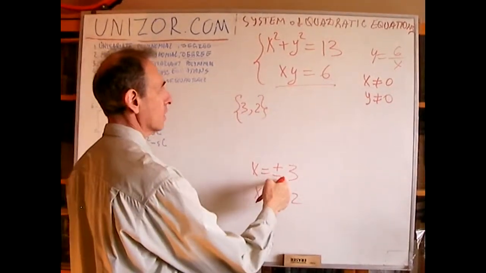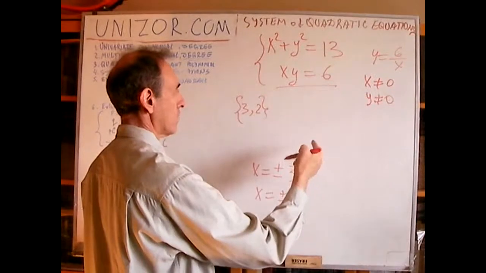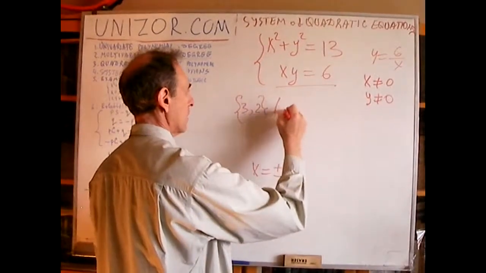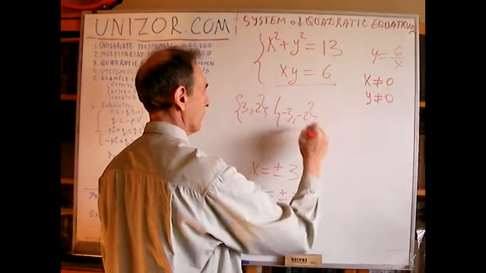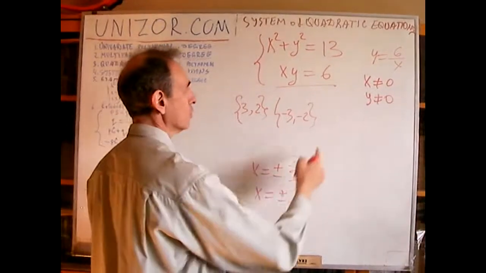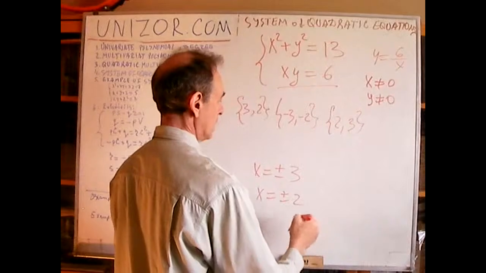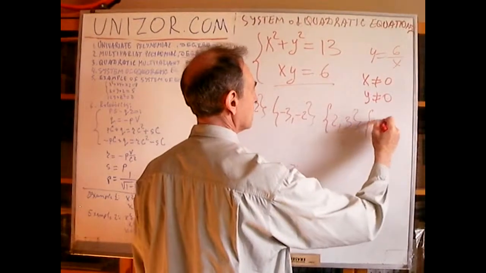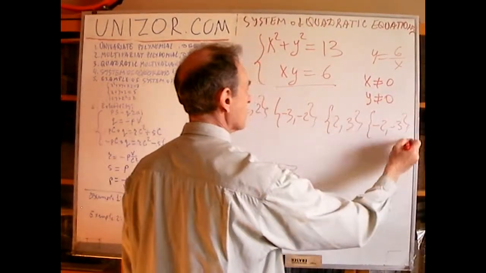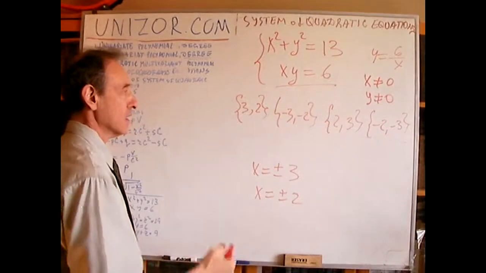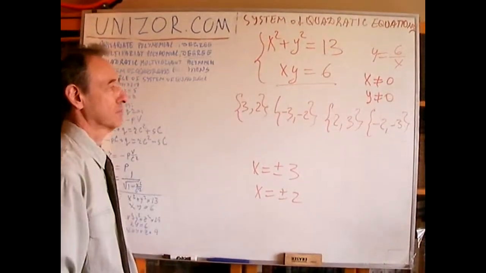Second, x equals minus 3, 6 divided by minus 3 is minus 2. So it's minus 3, minus 2. Now, if x is 2, it would be 2 and 3. And if it's minus 2, it will be minus 2, minus 3. So these are 4 pairs. Each pair is a solution.